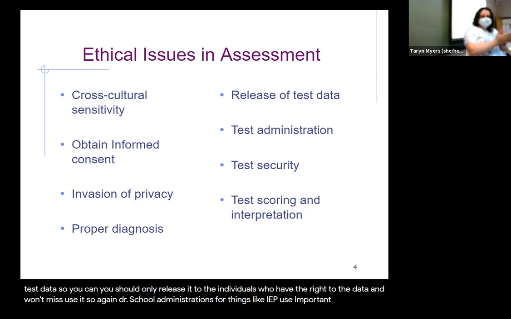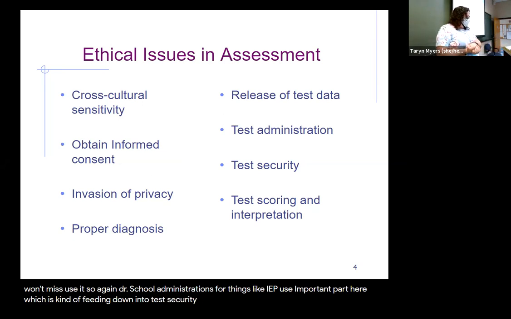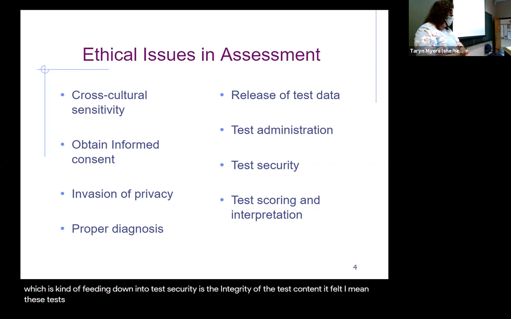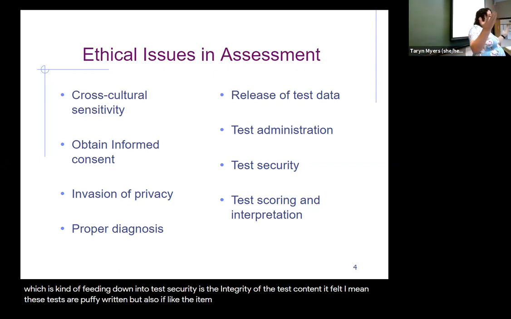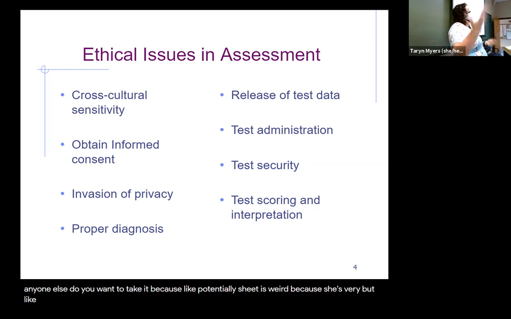Another important part here, which is kind of feeding down into test security, is the integrity of the test content itself. I mean, these tests are copyrighted, but also if the items for the test were just out there, right? Anyone else who went to take it could essentially cheat on the psychological inventory, to look either better or worse than they actually were.